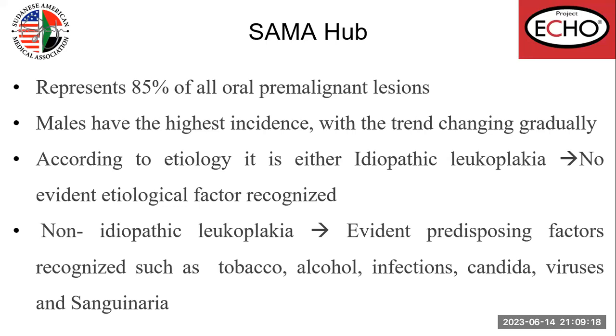So in the older times, males were affected by leukoplakia most. We will get to know later that because of their habits, which are changing gradually to be common between males and females, for example, tobacco use and smoking.